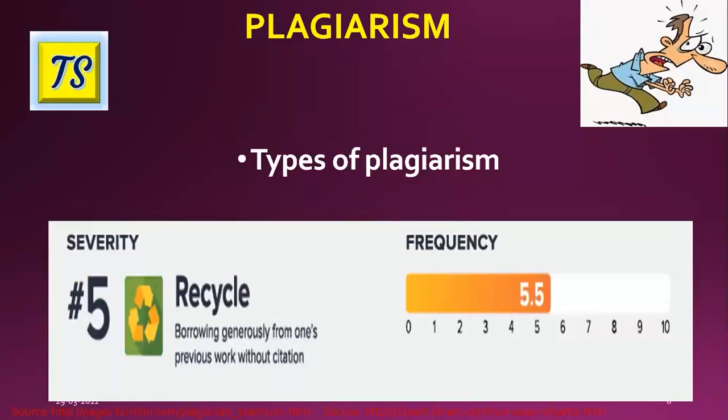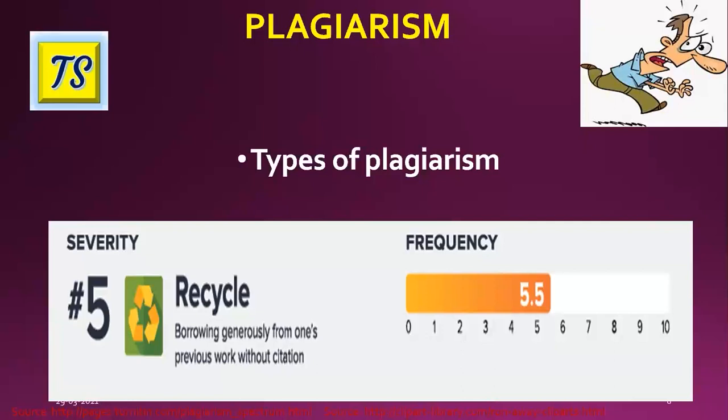This one is the fifth type, called recycle type plagiarism: borrowing generously from one's previous work without citation. The last session I told you, we want to collect some sources from others' work, but we are not interested in giving the credits, maybe intentional or unintentional, that is different.